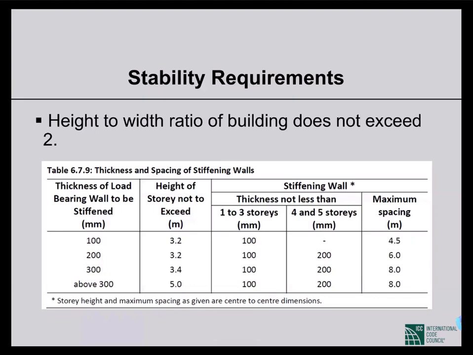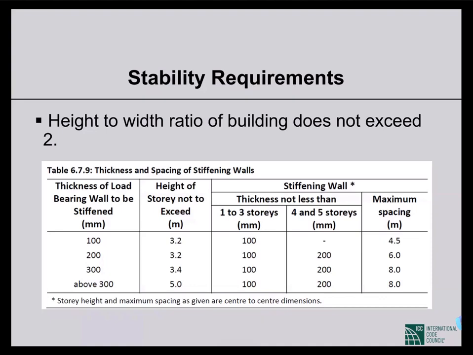So that's it. And height of story is also restricted. It must be less than 3.4 meters if the wall thickness is 300 millimeters. If the wall thickness is less than that, it will be at most 3.2 meters. So height is also restricted.